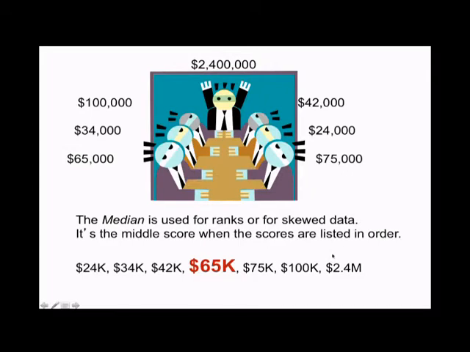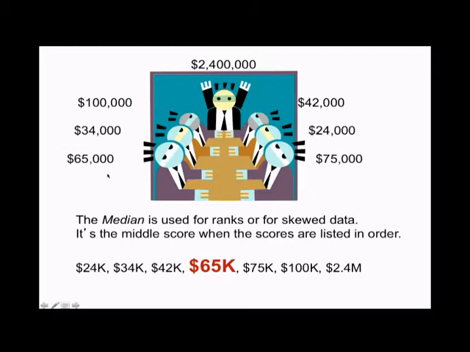Now, I mentioned that the median can be used with skewed data. So let's look at this boardroom. We have the chairman of the board. His annual salary is $2.4 million. And then we have the board members. This one makes $100,000. That's his right-hand man. Then we have the other salaries, $42,000, $24,000, $75K, and $65K.